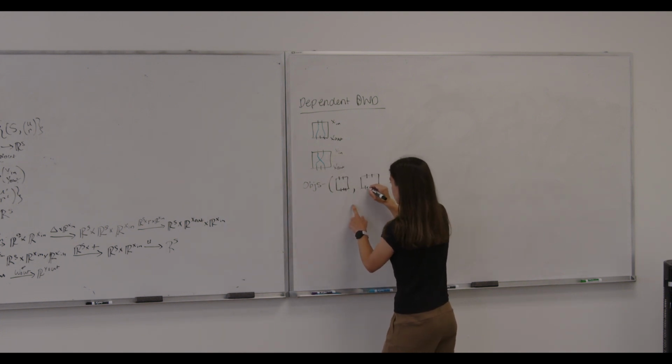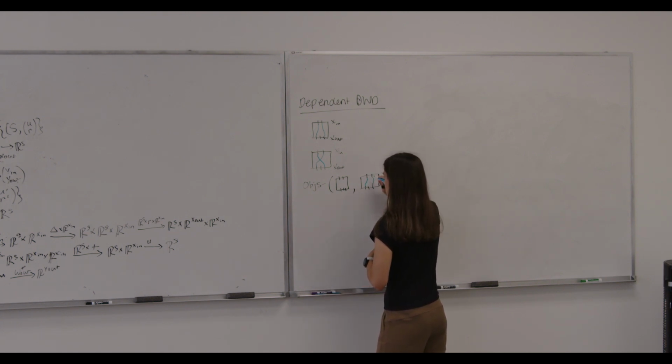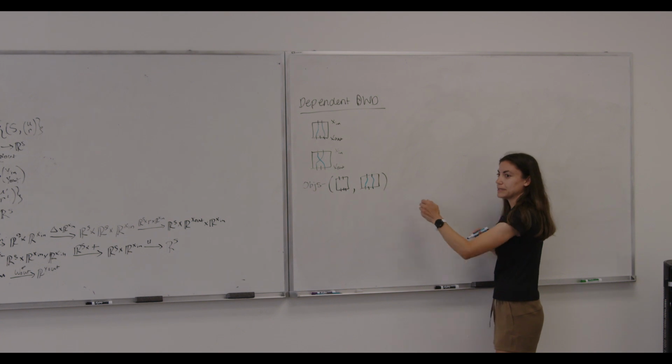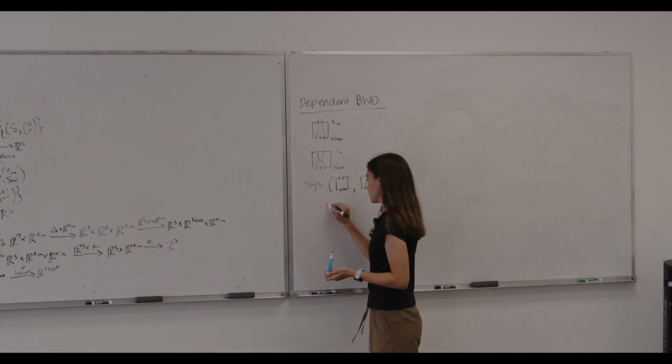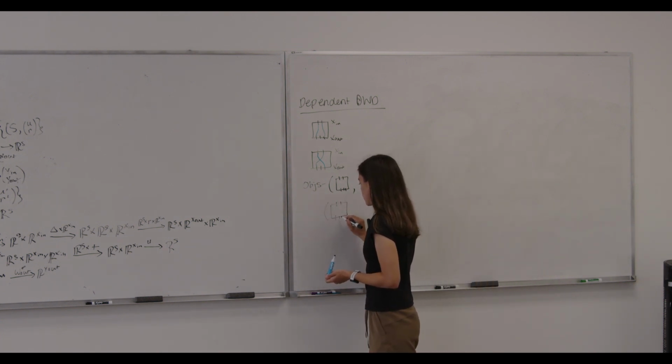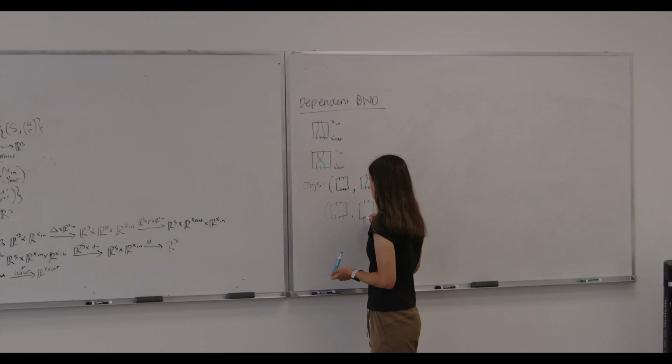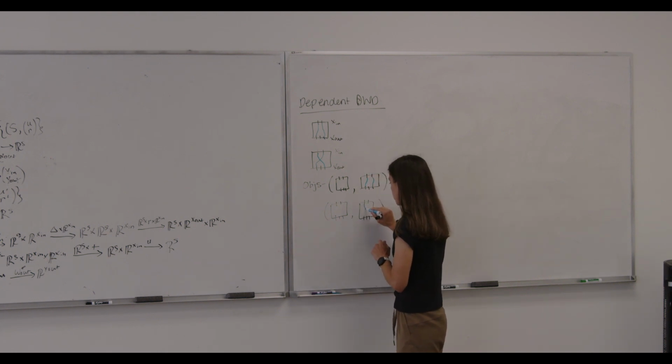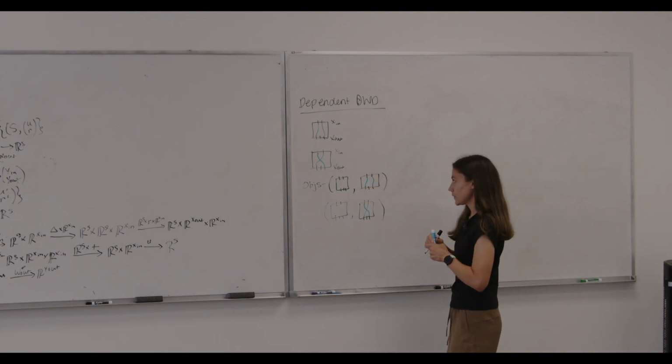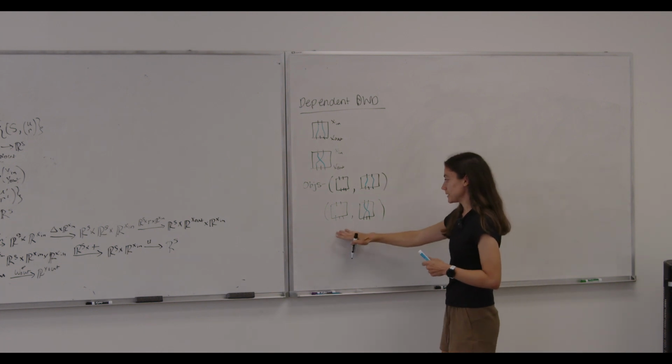Additionally, we want to keep track of the dependency. But this is a different object. And so we need a category for this.